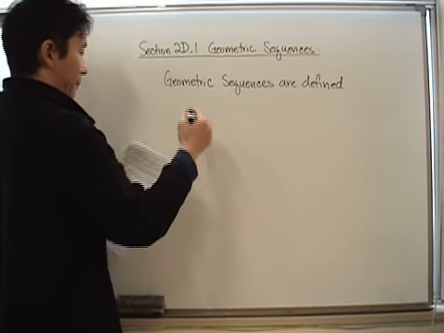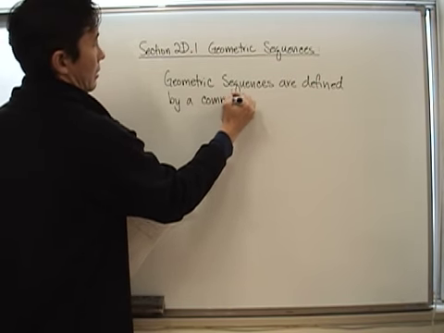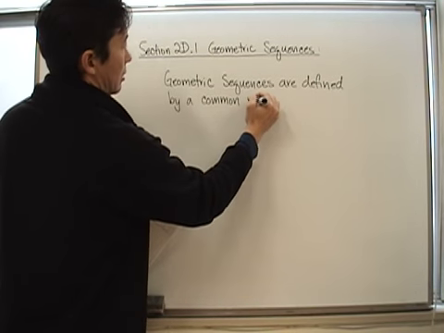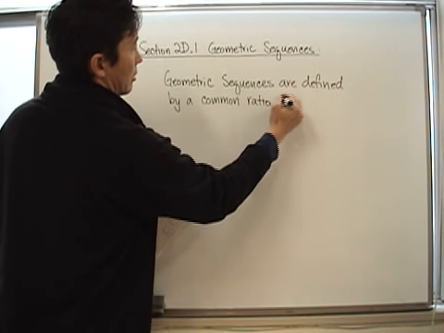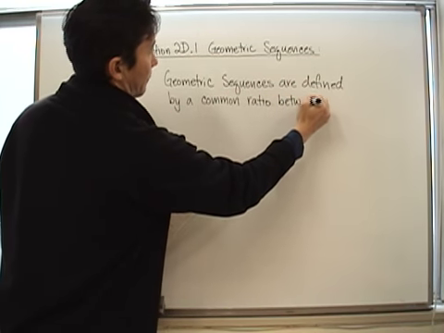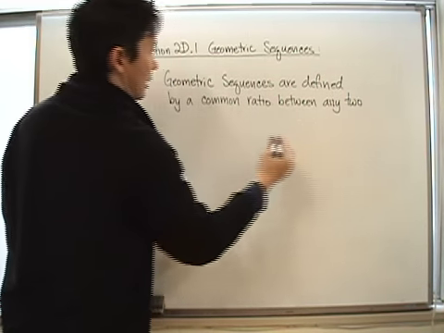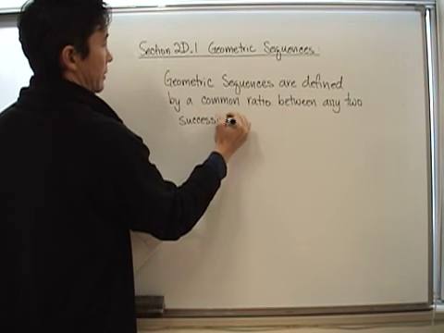Geometric sequences are defined by a common ratio between any two successive terms.